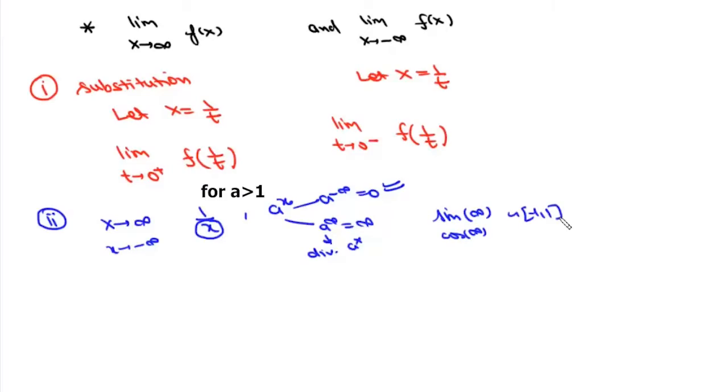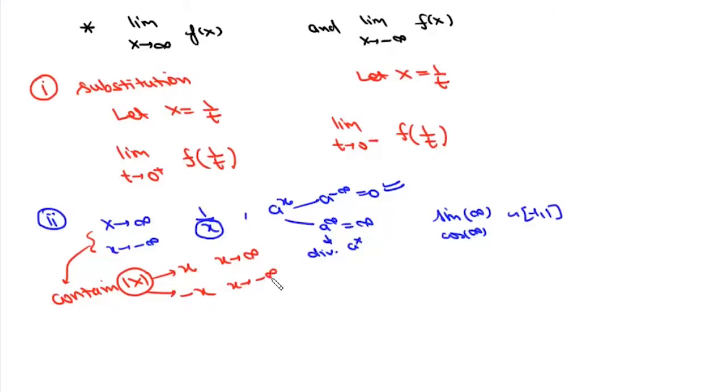Now here one thing that we have to keep in mind is at times you'll get questions where this limit will contain mod x. If the limit contains mod x, then it will be equal to x if x approaches plus infinity, and it will be minus x if x approaches minus infinity.